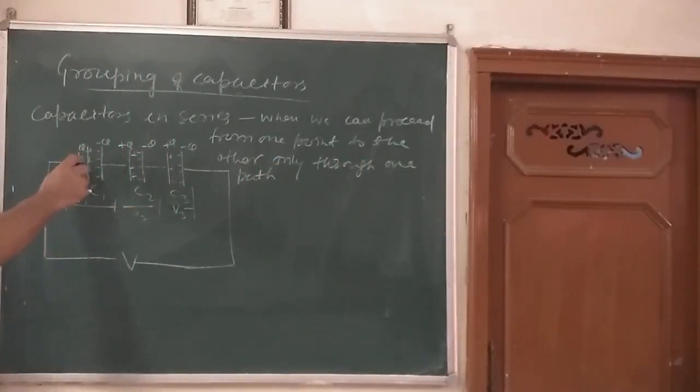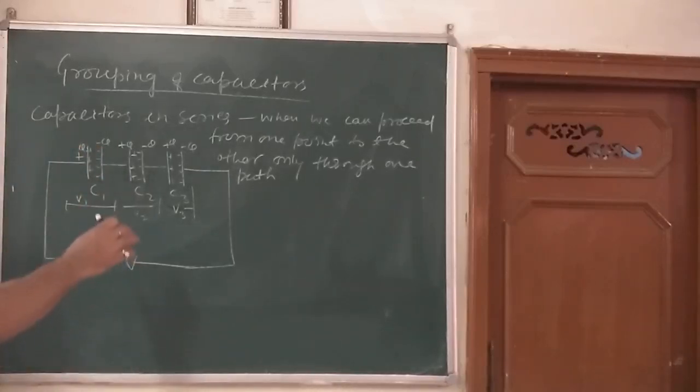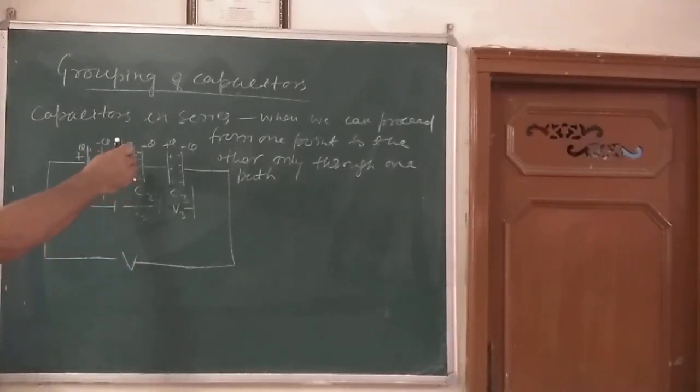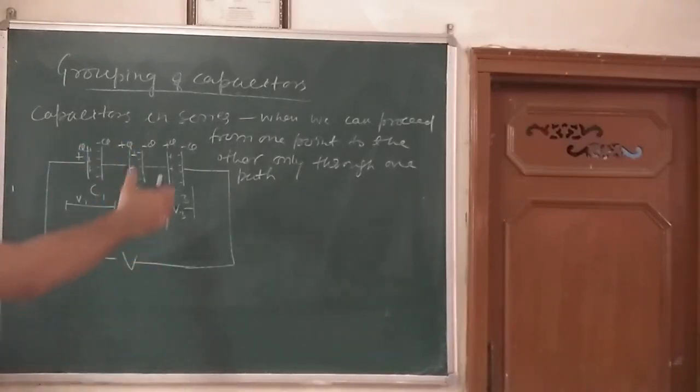Plus Q charge is given to the left plate of capacitor C1. Then due to induction, the minus charge is generated here, and similarly on the second and third capacitors.